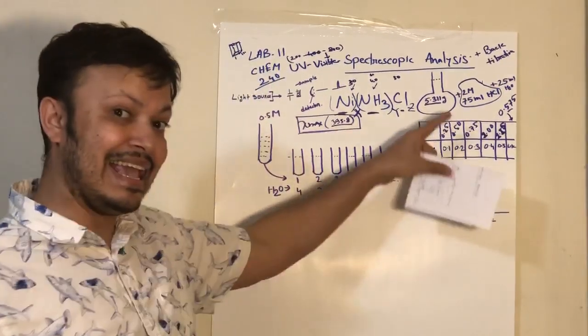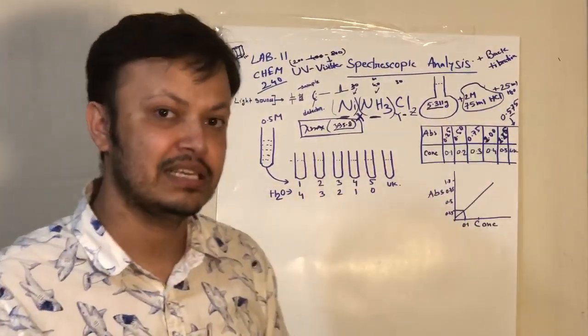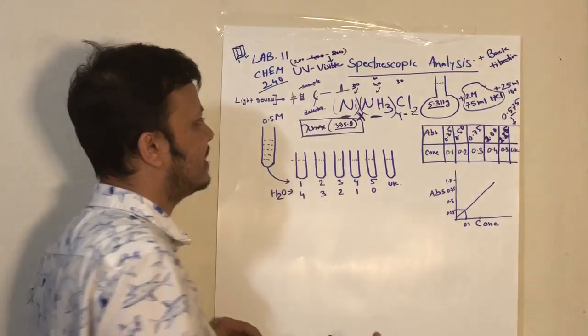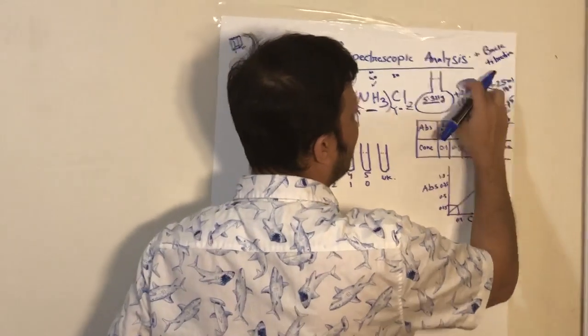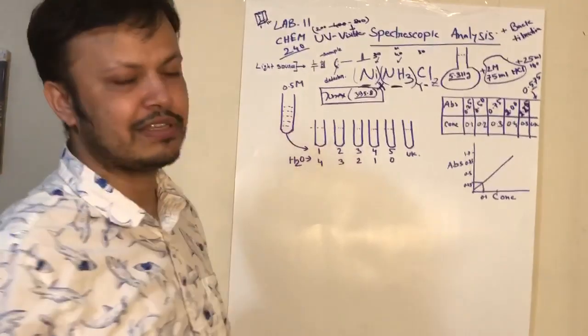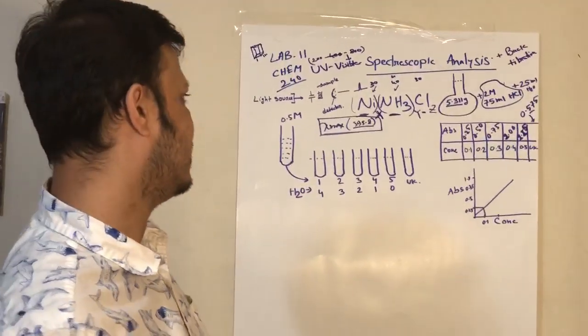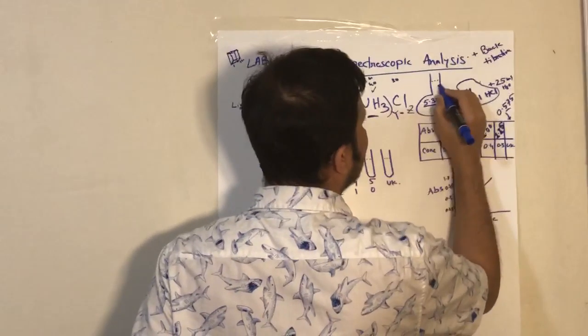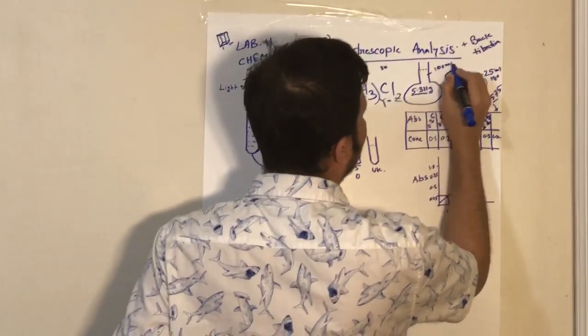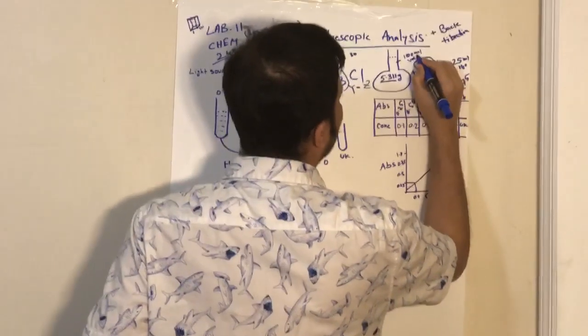We know that that is excess. Whatever the excess is, you will find out later on. So this is 75 ml of 2 molar HCl, and you take it in the 100 ml volumetric flask.